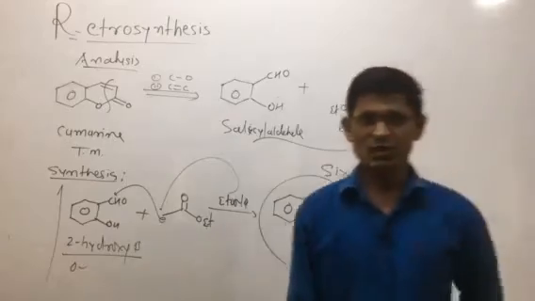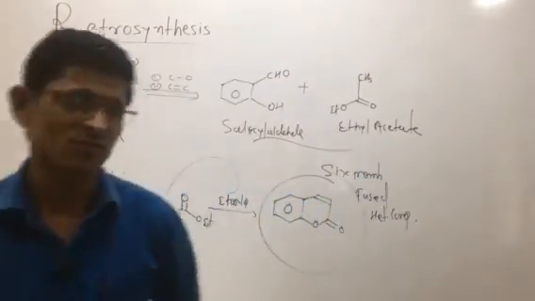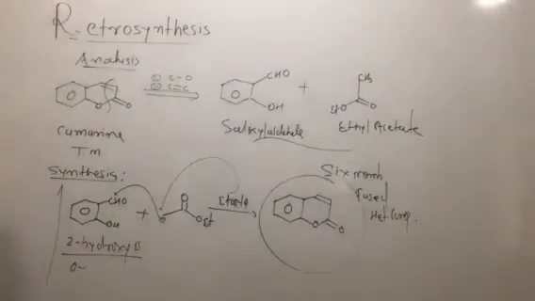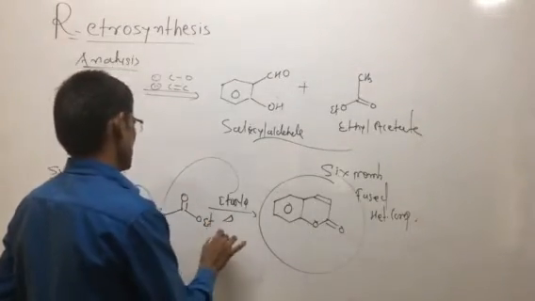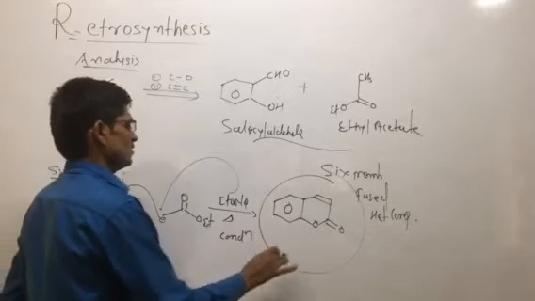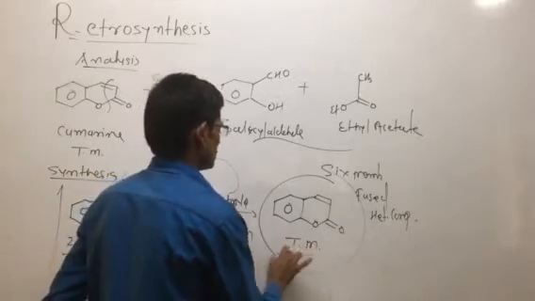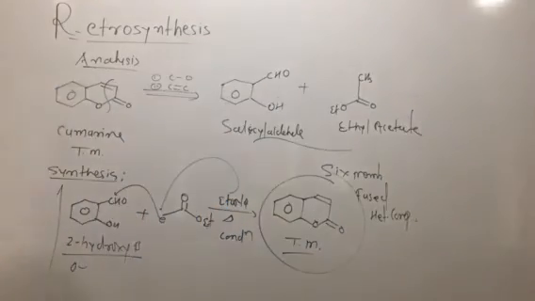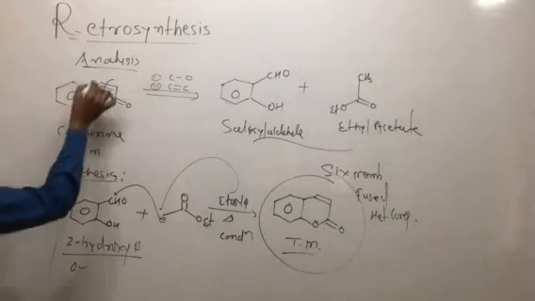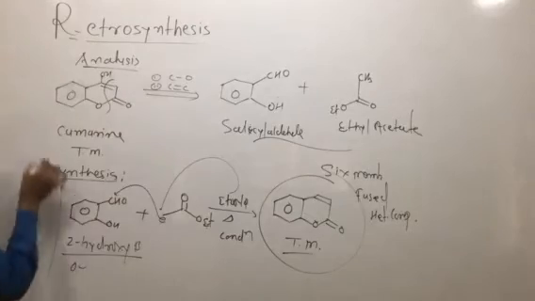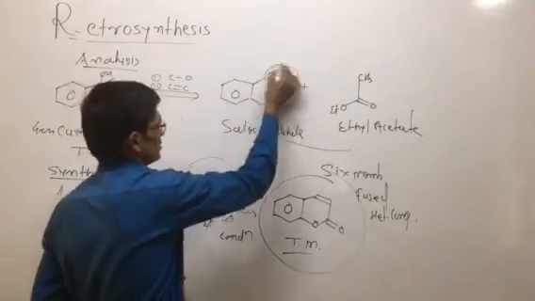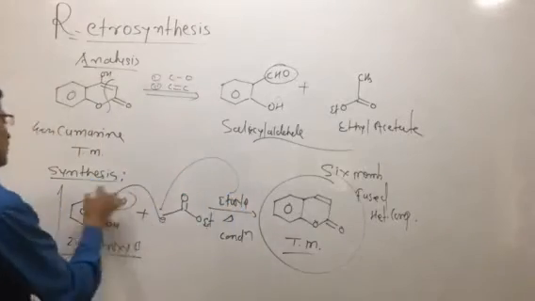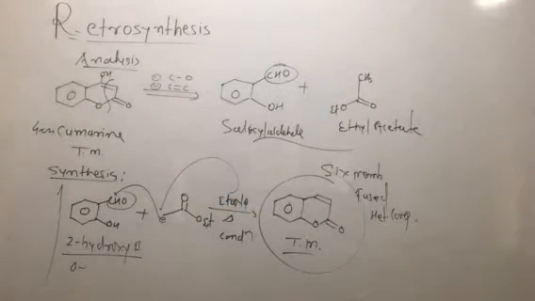The starting reactant salicylaldehyde is treated with ethyl acetate in basic condition, and after condensation, the coumarin, the target compound, is formed. Instead, if we take the OH group here as well, 4-hydroxycoumarin is obtained. If you take another group of atoms, this forms the 4-hydroxycoumarin molecule.